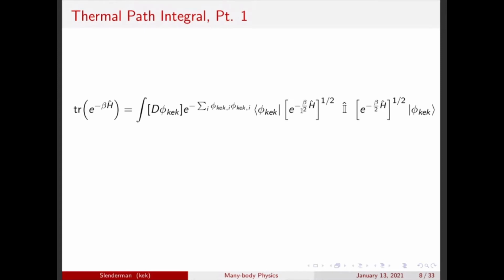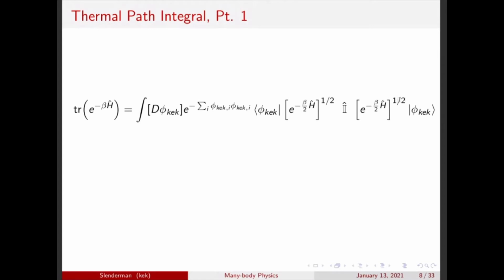And what I've done here is I've separated this e to the minus beta h term into e to the minus beta h over 2. Sorry, I believe I messed up this. I shouldn't have both the power 1/2 and the beta over 2. So ignore this power of 1/2 here.